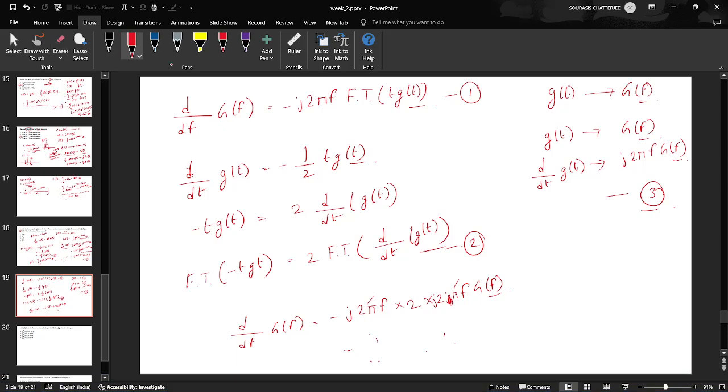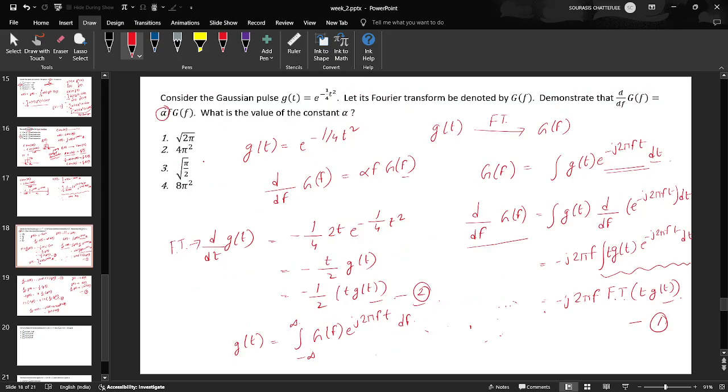This one here is 8 pi squared f G(f). So the constant that we are looking for should be 8 pi squared.